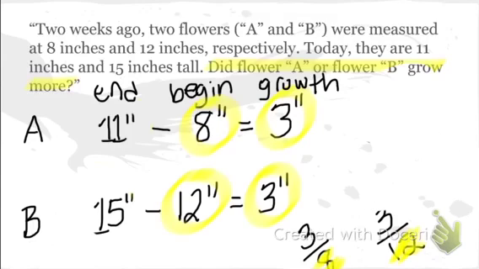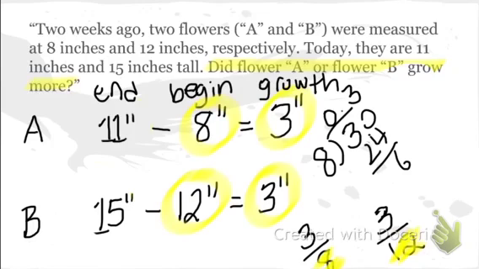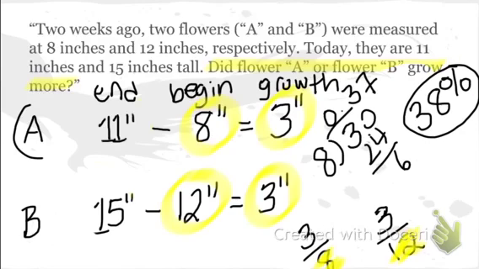So anyway, we could also look in terms of fractions, and we know that fractions are division. So if I do 3 divided by 8, I could find my percentage of growth. I know that, what is that going to be, 20, 24, 60, so about 37, 38, about 38%. So if I look at flour A, it grew about 38%.